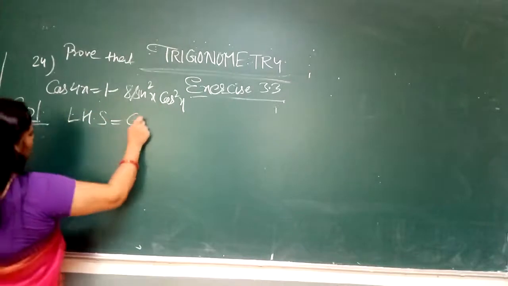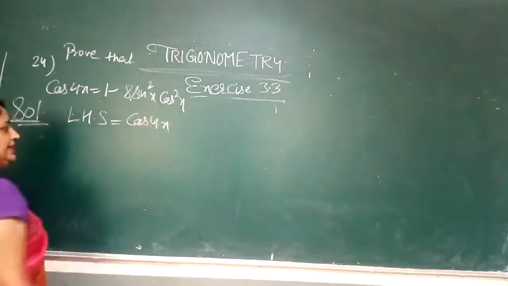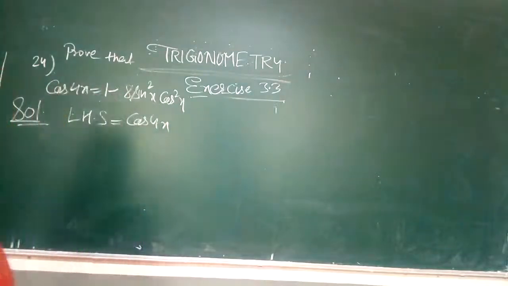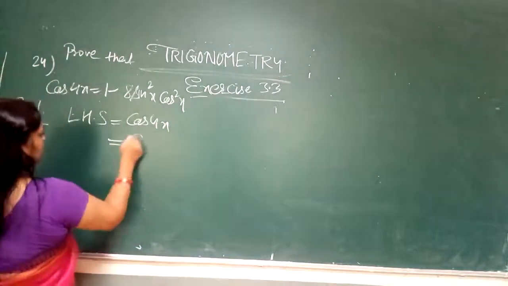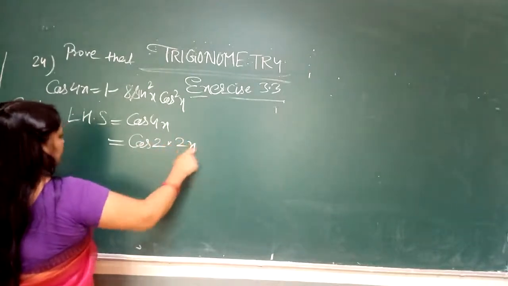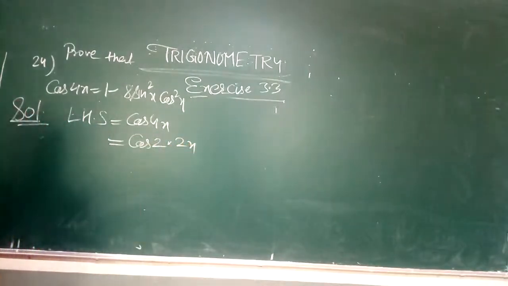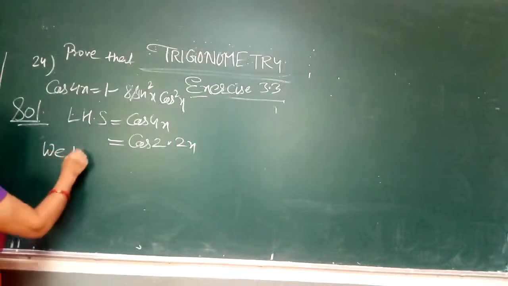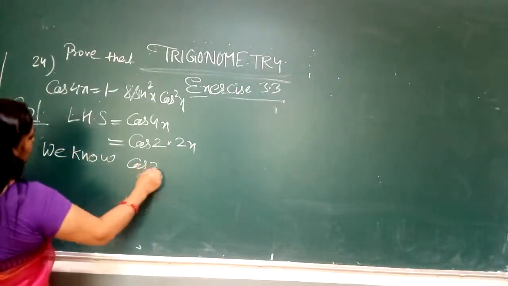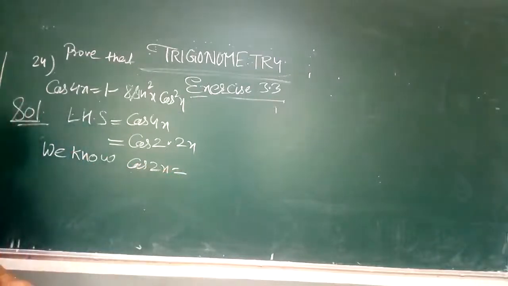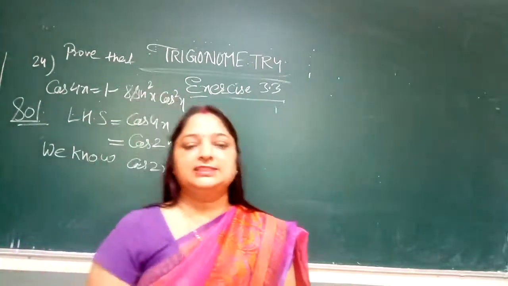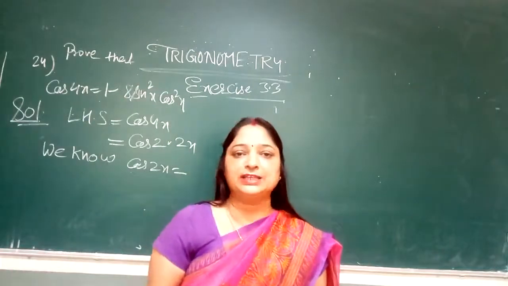That is cos 4x. Same as the previous question, you can make this term cos 2 into 2x, that is equal to 4x. And we know the formula of cos 2x. Now students, there are 3 formulas for cos 2x. One is cos square x minus sin square x. Second is 1 minus 2 sin square x.